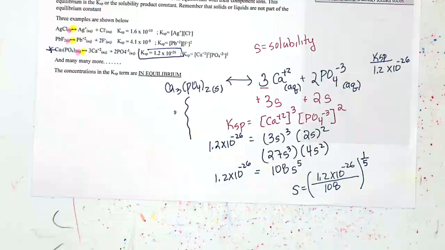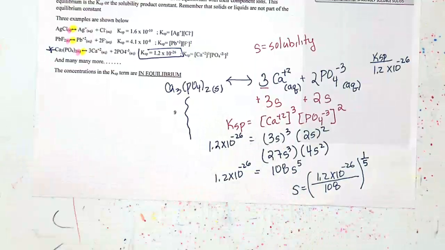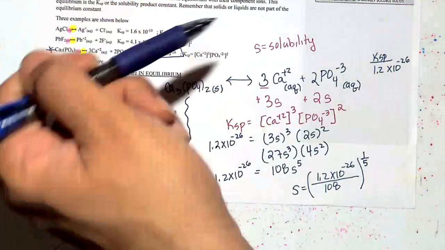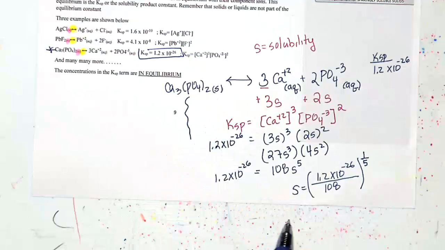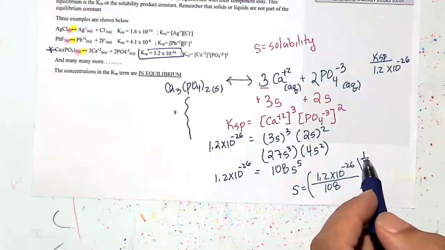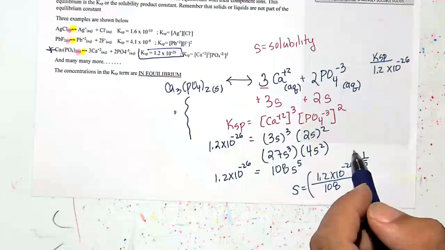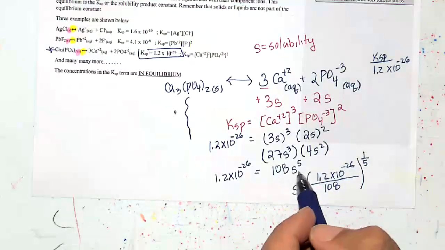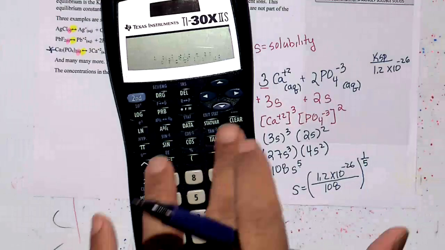So this is how you do these types of problems if it's asking you to find the solubility, how much of this goes back this way, for the KSP of a sparingly soluble solid. If you take the square root, it's to the 1/2. Cube root, to the power of 1/3. Fourth root, to the power of 1/4. Fifth root, like right here, to the power of 1/5.